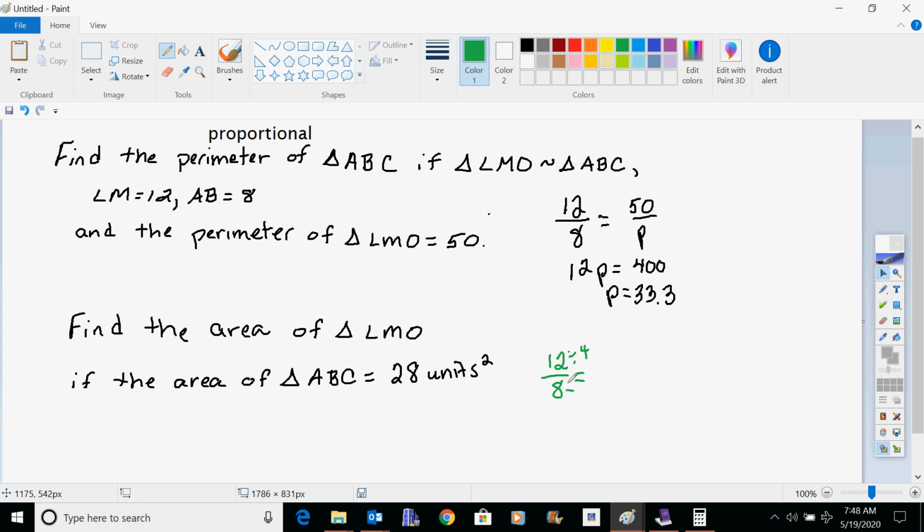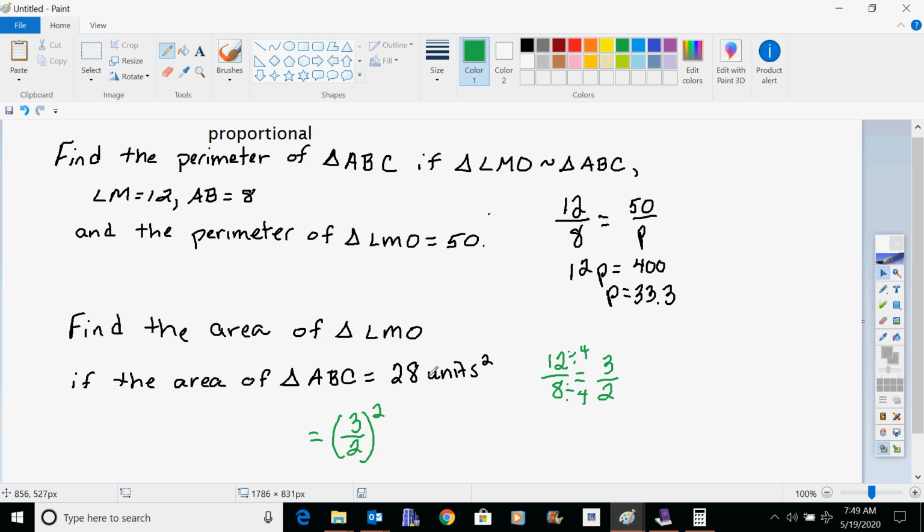Divide by 4, divide by 4, because your original proportion, 3 over 2, is proportional, and the square of that equals the ratio of the areas.